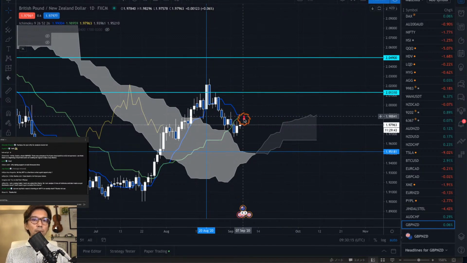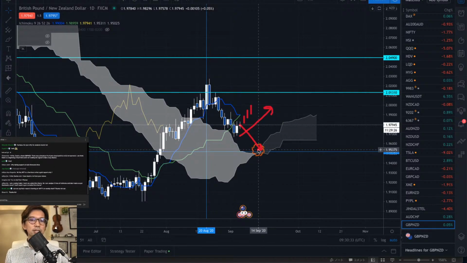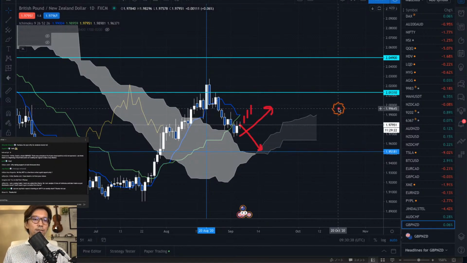If today's candle closes and on Monday closes like this, and then on Tuesday or Wednesday moves like this, then we can look for the buy chance from there. But at this moment, this can go downwards too. So I would stay away from this pair. There's no decent up or down trends right now, it looks like.